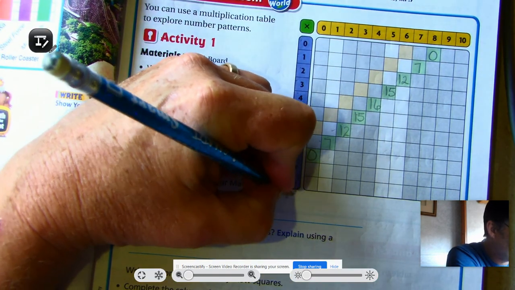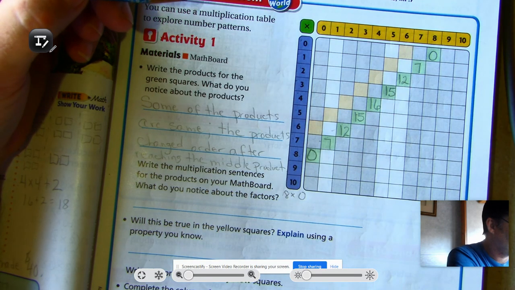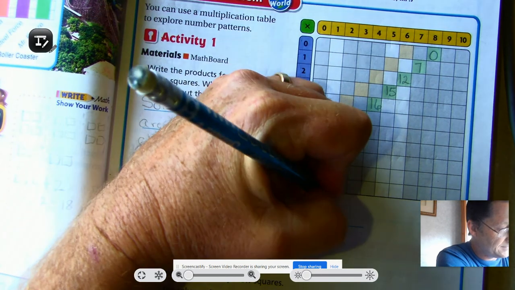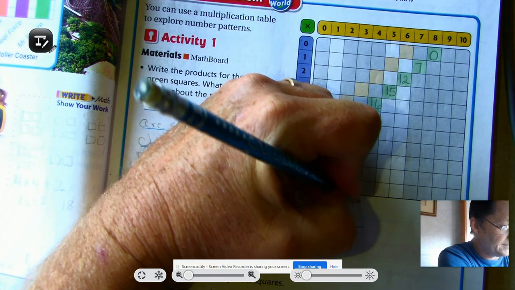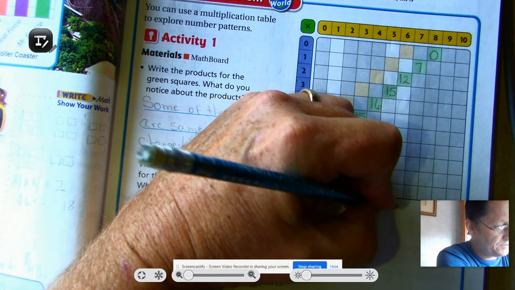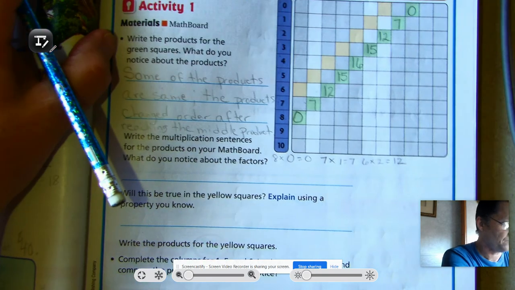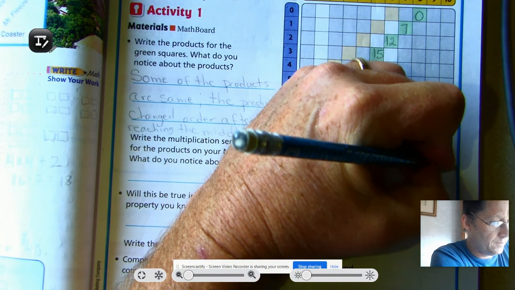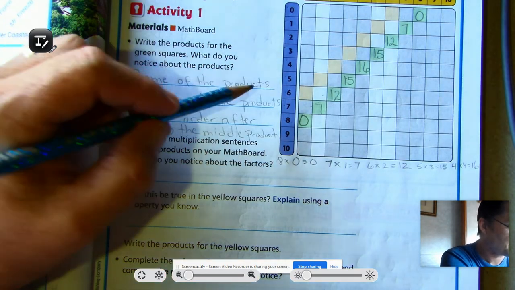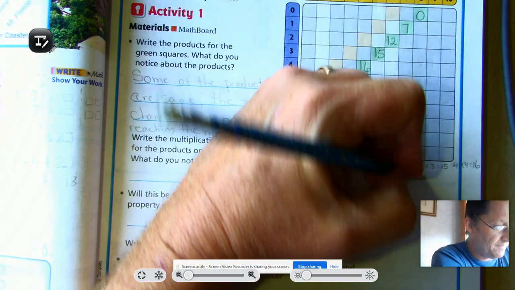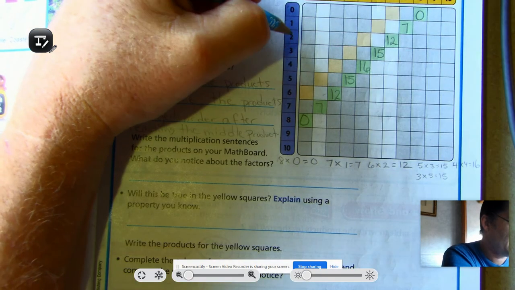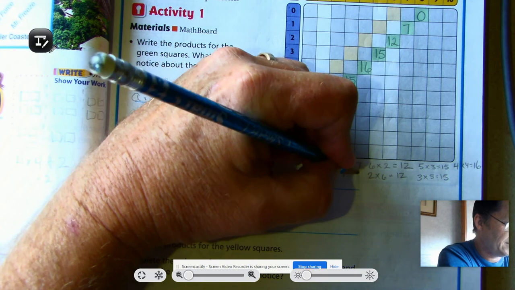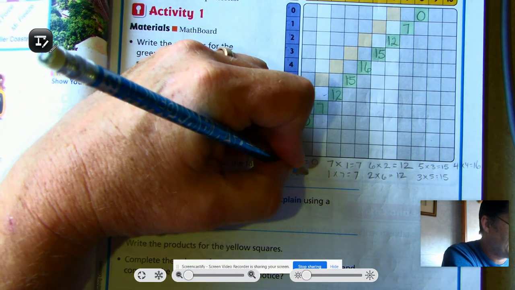I'm going to start with 8 times 0 equals 0. 7 times 1 equals 7. 6 times 2 equals 12. 5 times 3 equals 15. 4 times 4 equals 16. 3 times 5 equals 15. 2 times 6 equals 12. 1 times 7 equals 7. And 0 times 8 equals 0.